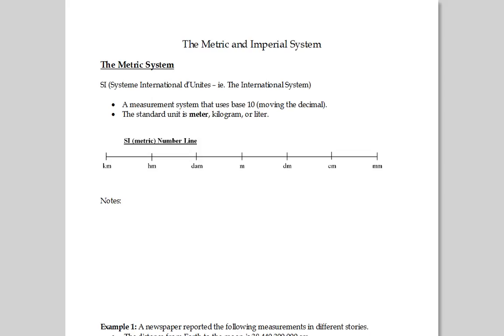So if meter was 1, how many centimeters would you have? How many little ticks on the meter stick? 100. So you notice dm is in between there. Which factor of 10 would go there? 10. What's after 100? 1,000.